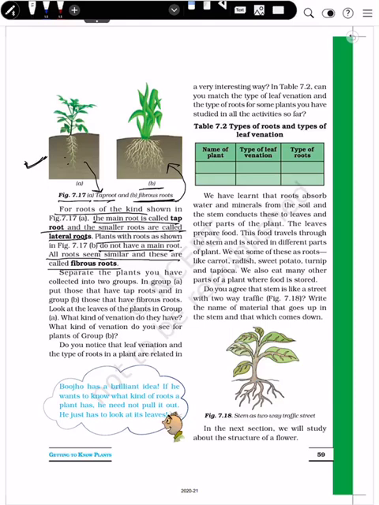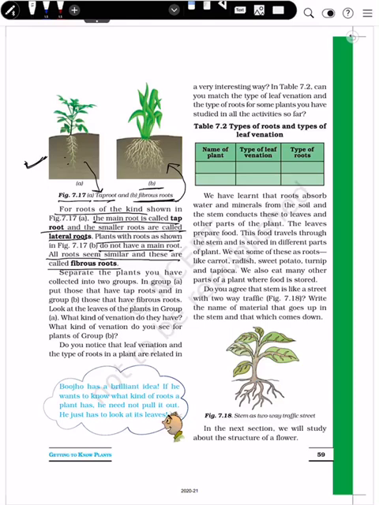So now we will study the link between the type of roots and the type of leaf venation for a given plant.